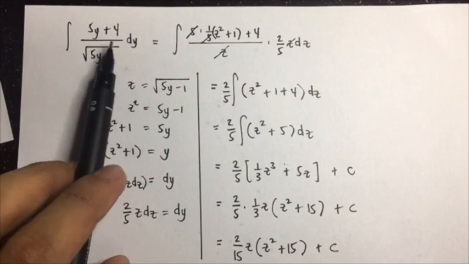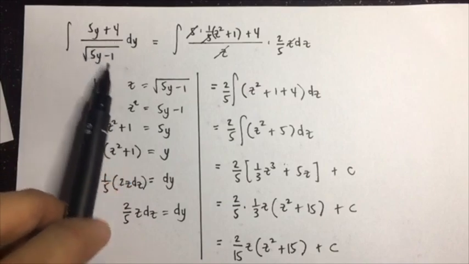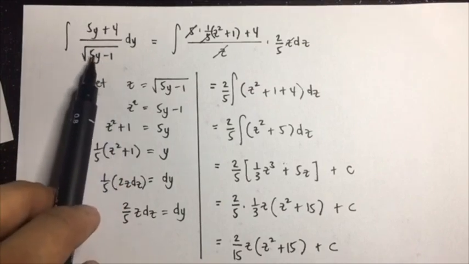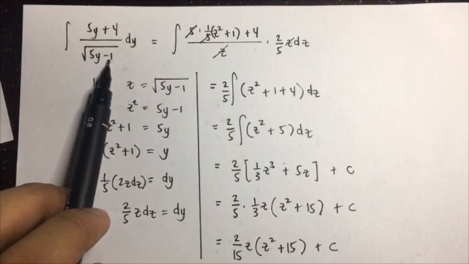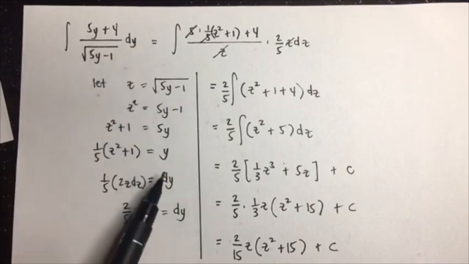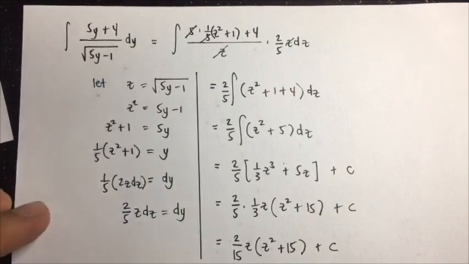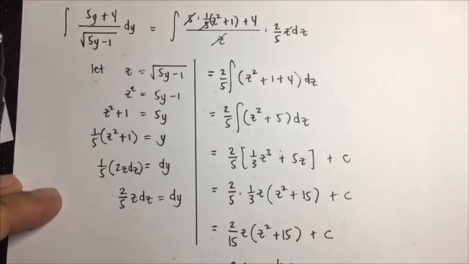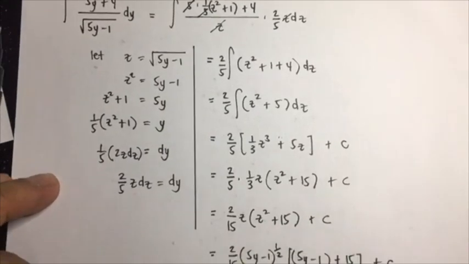As we can see in our example, we have selected the square root of 5y minus 1. That's how you do it.